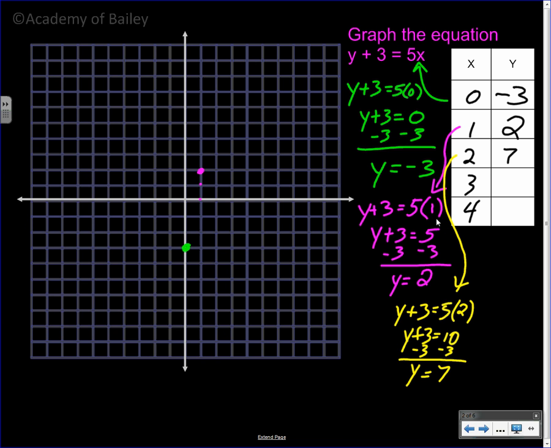In order to plot that point, you start at the origin. You go to the right 2, because x is 2, and up 7: 1, 2, 3, 4, 5, 6, 7. There we go. That's better.